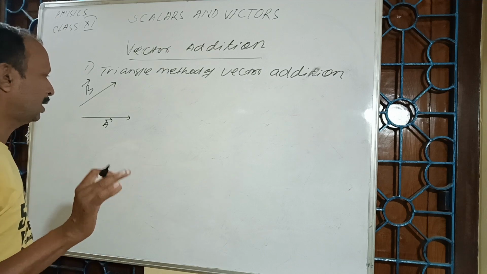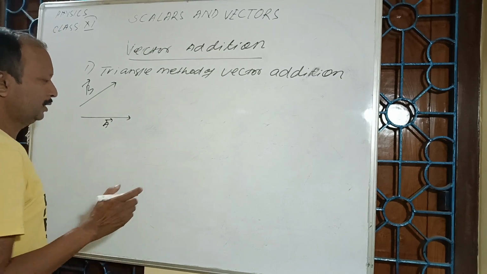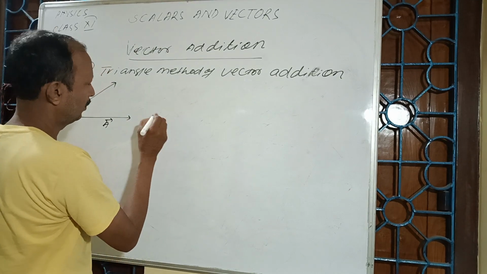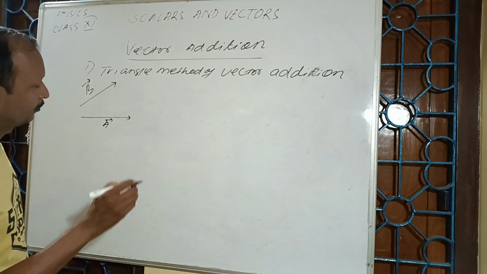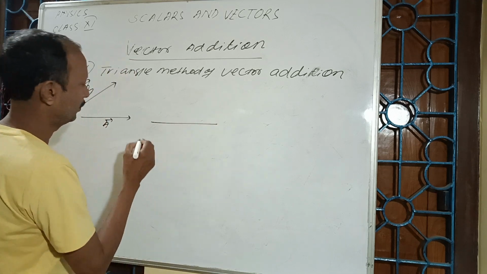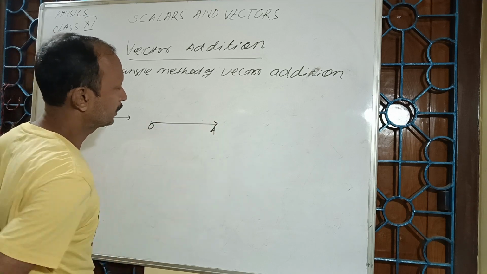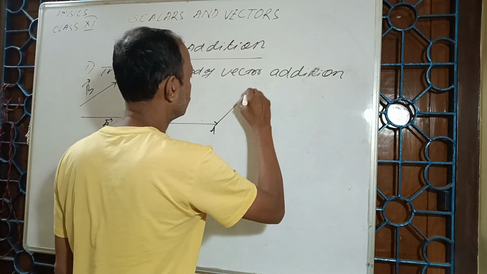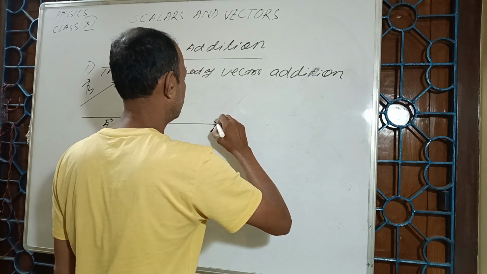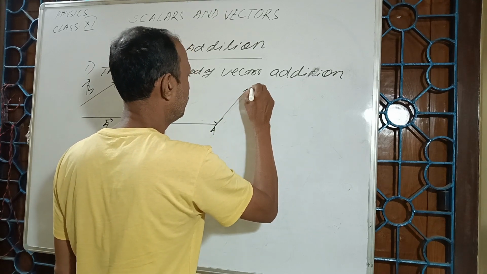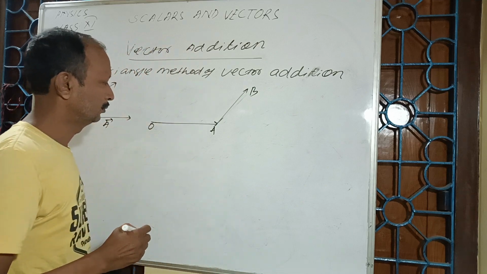What is the triangle law of vector addition? Let us see. Suppose OA, this is one vector, AB, another vector.